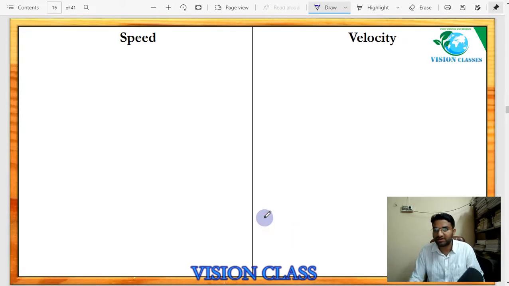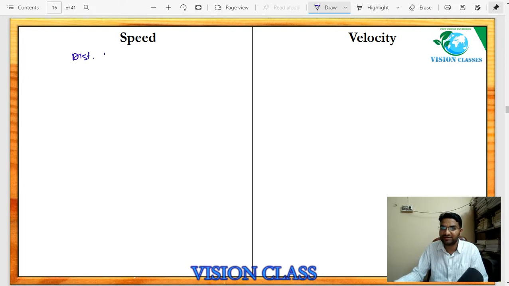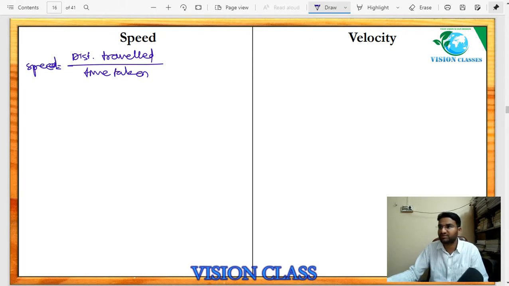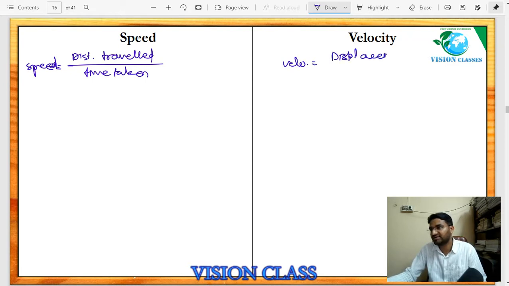Now look at here. First we will discuss the differences between speed and velocity. As we know, speed is the distance traveled over time taken, but in case of velocity it's displacement over time taken.